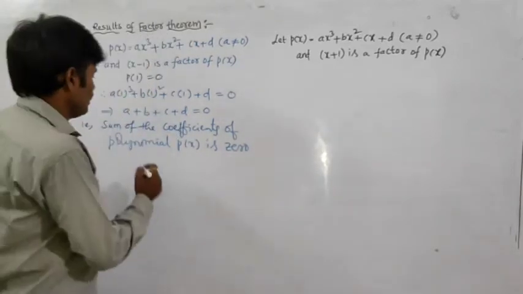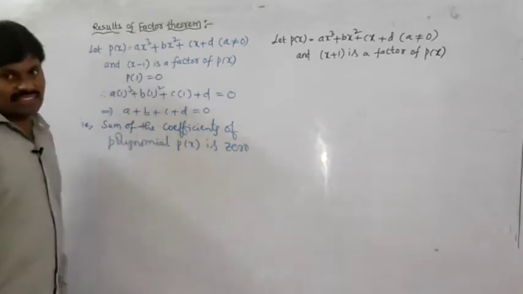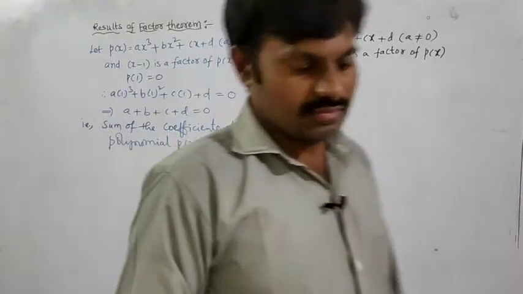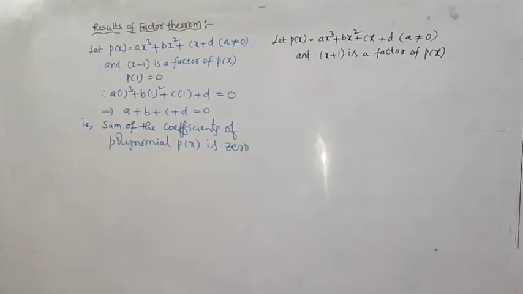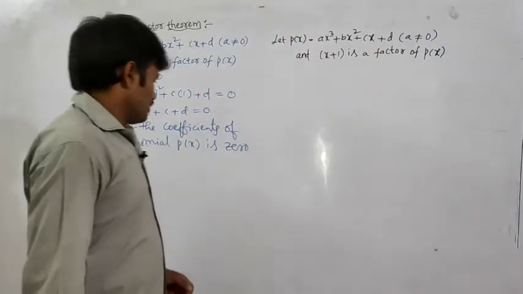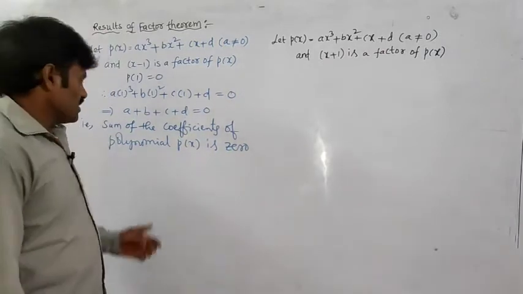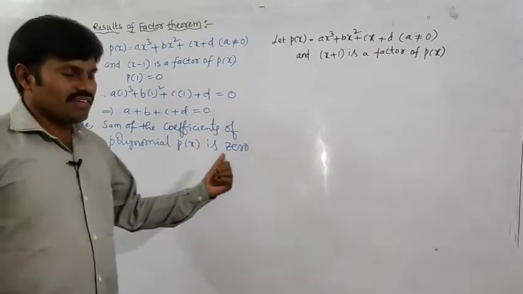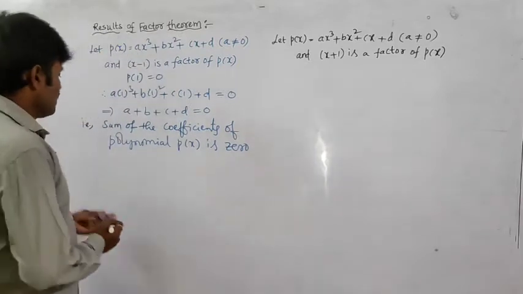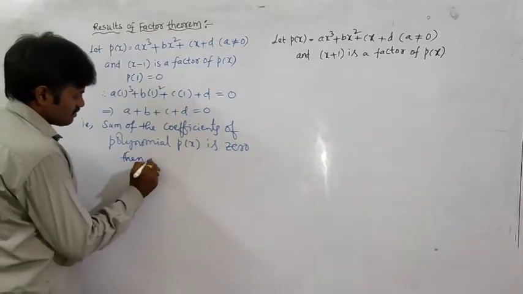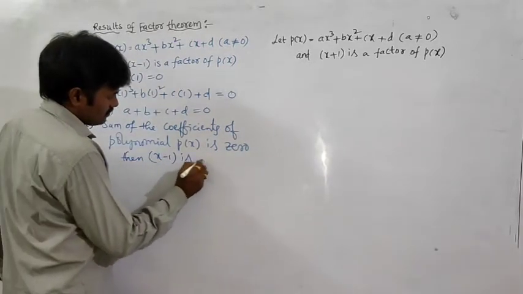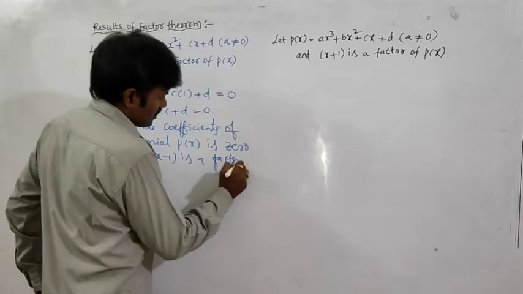So what can you say? Then x minus 1 is a factor. Is it clear? That is, if the sum of the coefficients of polynomial p of x is 0, then x minus 1 is a factor. Okay, is it clear? So it is a shortcut.